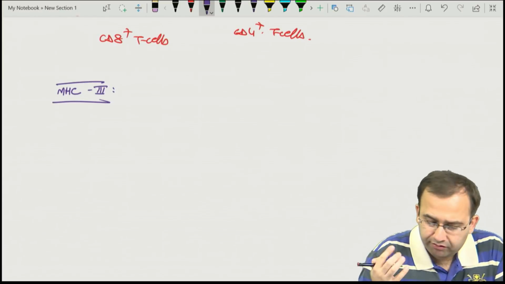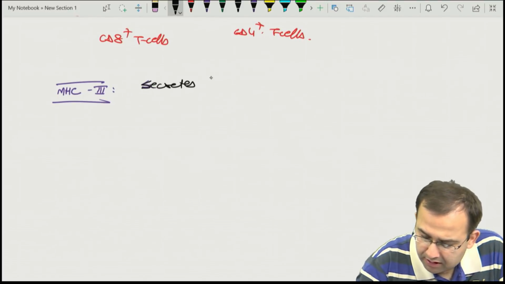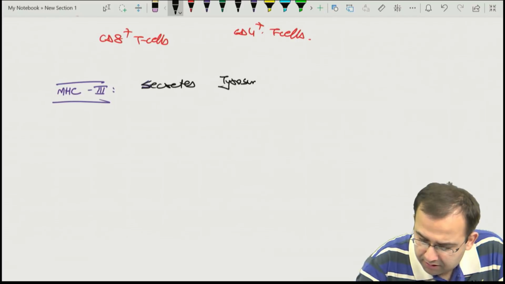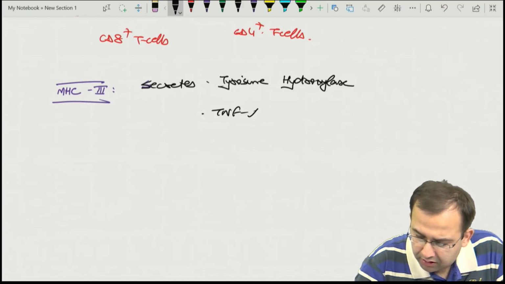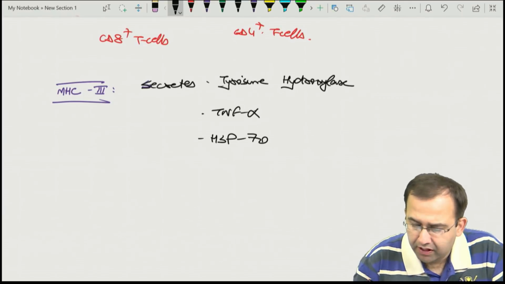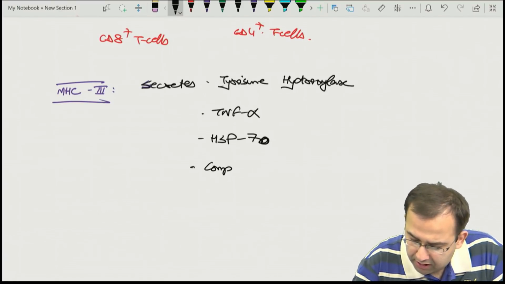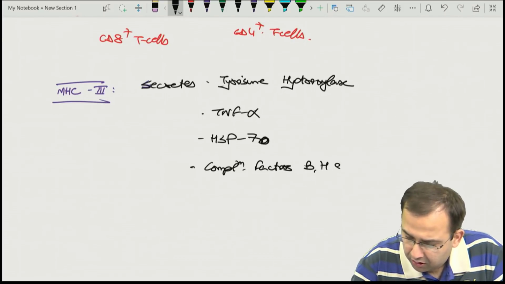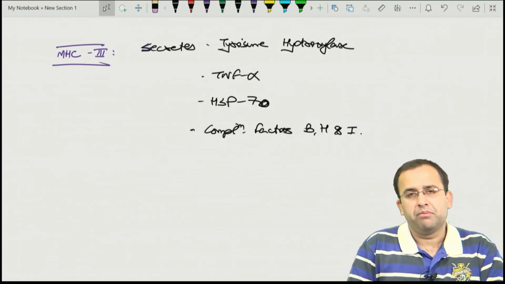It secretes 4 things: tyrosine hydroxylase, TNF alpha, tumor necrosis factor alpha, heat shock protein 70, HSP 70, and complement factors B, H and I. This is type 3 MHC.